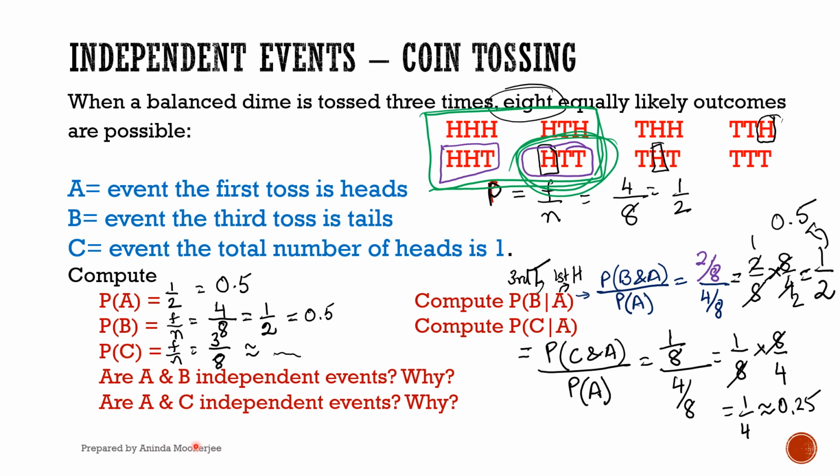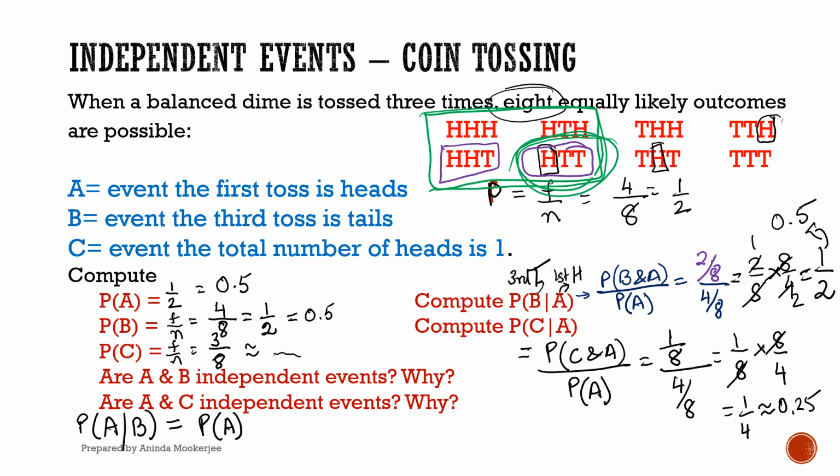Now, for the next one here, it says are A and B independent events and why? Okay, so to find whether A and B are independent events or not, we have to use this formula here: the probability of A given B equals the probability of A. Okay, so probability of A given B, did we find that before? No. So what is the probability of A given B?